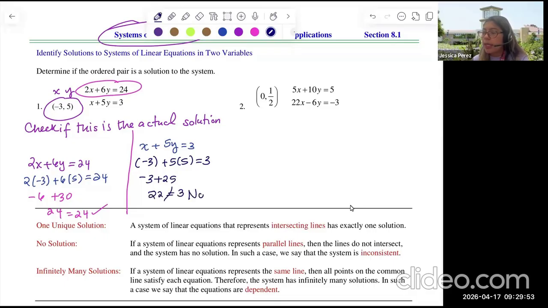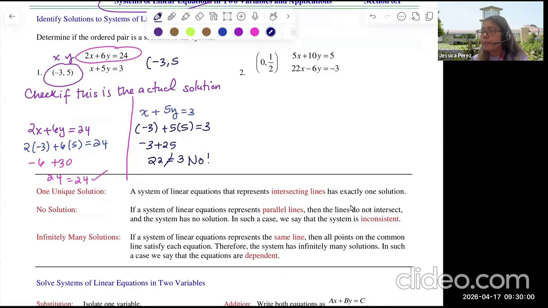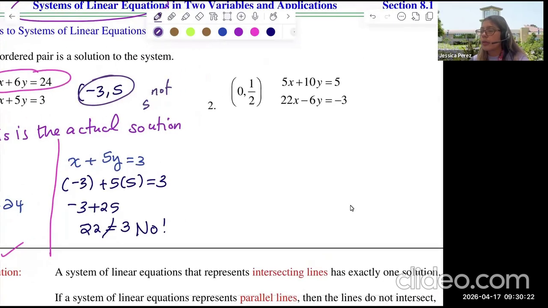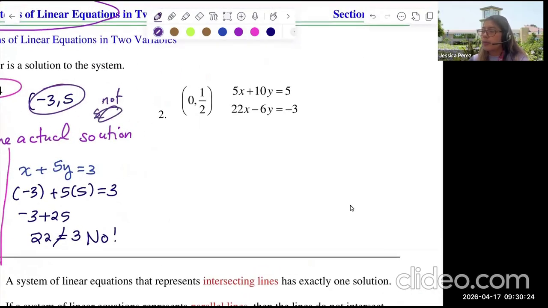No. So that means that the solution, -3, 5, is not a solution to the system. So it doesn't work. So this point is not a solution.